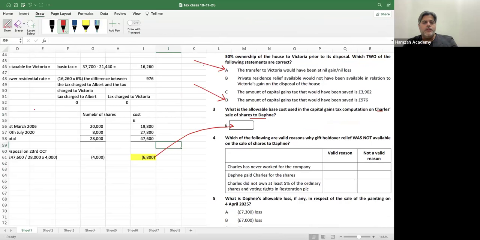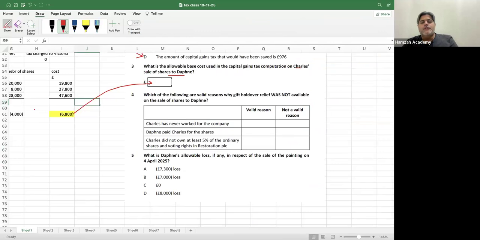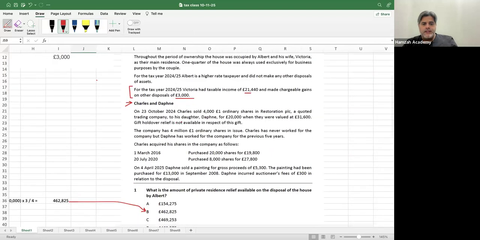Okay. Now moving ahead, question number 4 asks which of the following are the valid reasons why the gift holdover relief was not available on the sale of shares to Definite, because it says in the scenario that the gift holdover relief is not available in respect of this gift.